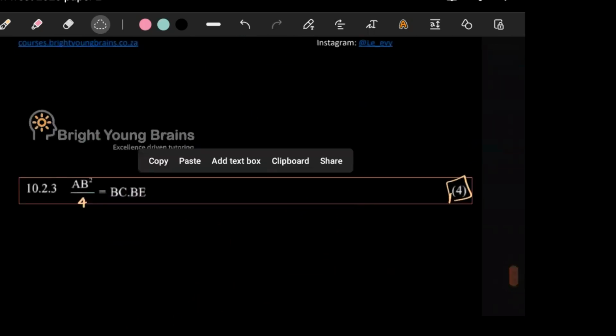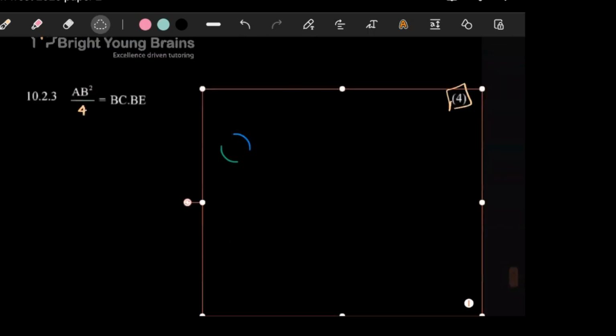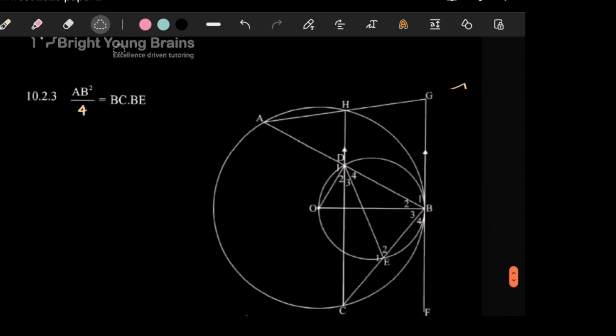Let me just show you what I mean. If you look at our sketch, it is clear that we have these lines here that are parallel to each other. And in addition to these parallel lines, we have this.